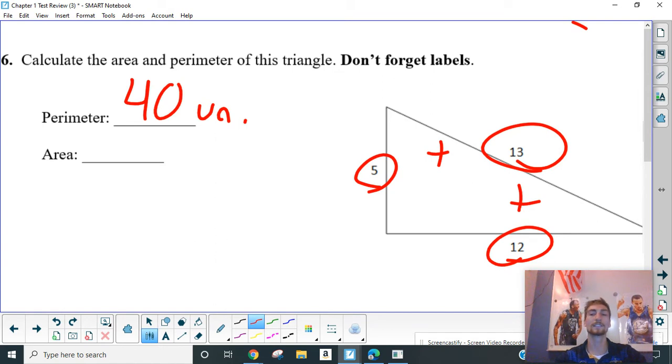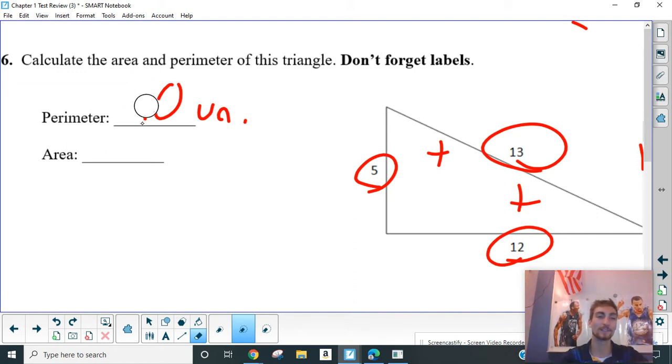Oh wait, not 40. This is why we show our work. We're going to do 12 plus 13, that's going to be 25, plus 5, that's going to be 30.